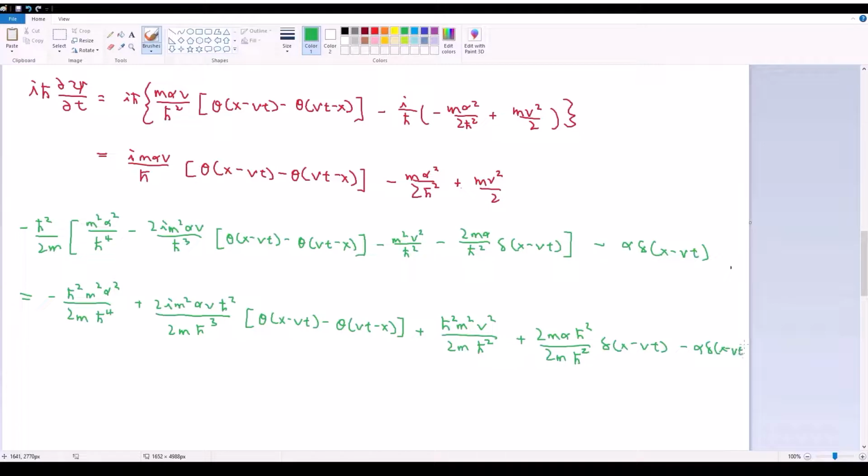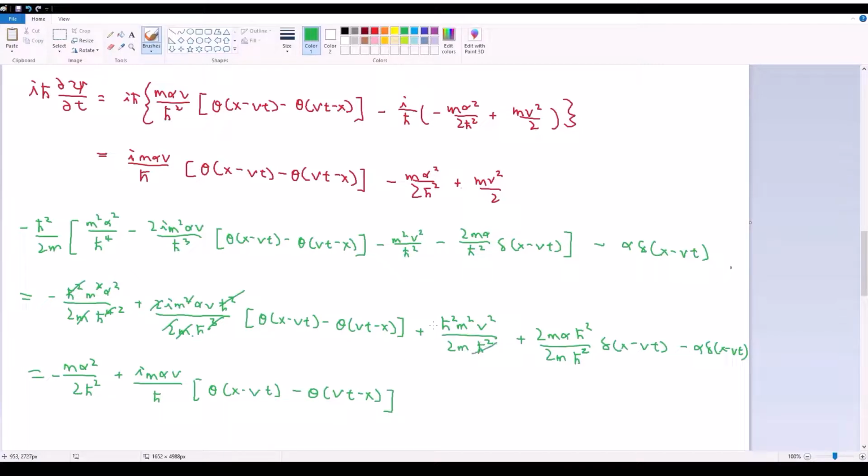So at this point, the ħ squares cancel to make a square, the m cancels, so we get negative mα² over 2ħ². Let's see, the 2's cancel, the m's cancel, the ħ cubed cancels with the ħ squared, so we have plus imαv/ħ times theta(x − vt) − theta(vt − x).